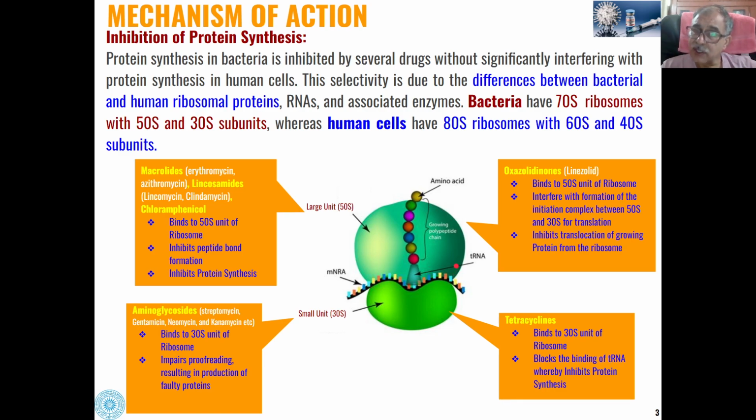The initiation complex which is required for the growing polypeptide chain to be formed will be affected, and this will inhibit the translocation of the growing protein from the ribosome through tRNA. So this is how they act.